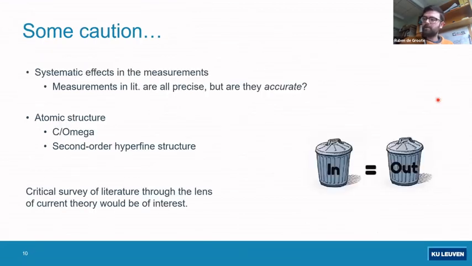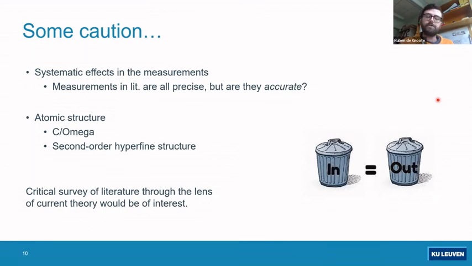Before proceeding though, and over-interpreting perhaps, we should be cautious. One, there are not many measurements. Two, there's usually only one measurement for any given element or isotope. And three, all of them rely on atomic calculations of the C over omega ratio.